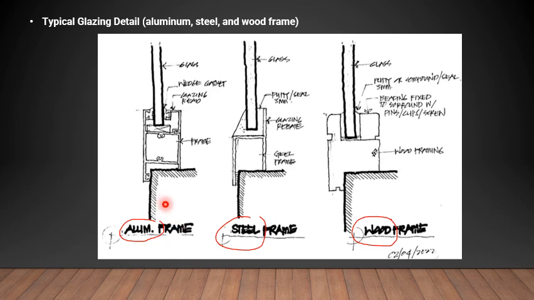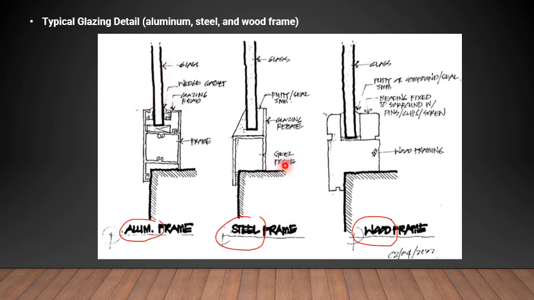Normally in aluminum we have the frame, and then we have the glazing beads, and we use a wedge gasket and the glass. Sometimes we use wet sealant in windows or curtain walls, but mostly we use wedge gasket dry sealing for aluminum frames. It is easy to install, not messy, and easy to uninstall if you want to replace the glass.